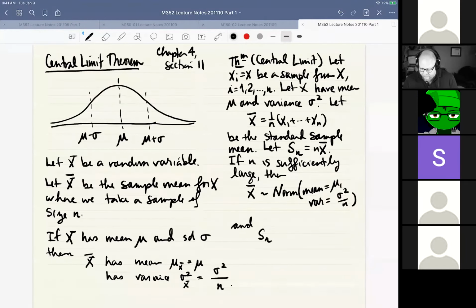And the sum of the observations is going to be distributed like a normal random variable with mean n times mu and variance n times sigma squared. That's the central limit theorem.